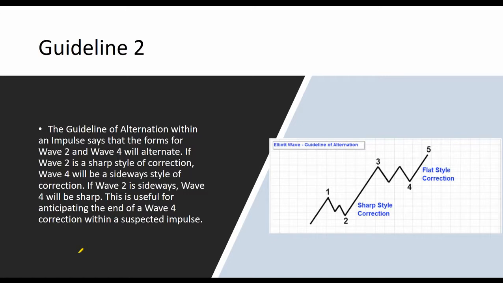If wave 2 is sideways, wave 4 will be sharp. So here we have a sharp correction, and this tells us what we could expect in here, a flat correction. Again, these are guidelines.